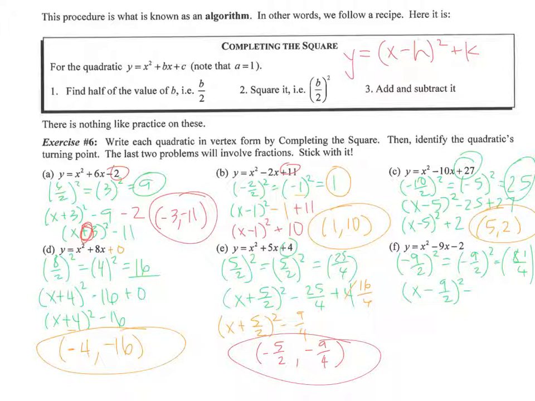We have to subtract our c, which is 81 over 4, and subtract our 2 that we started with. However, the 2 needs to become a fraction we can deal with, which is going to be 8 over 4, so we have the common denominator. So it becomes 9 over 2, and negative 81 minus 8 becomes negative 89 over 4.